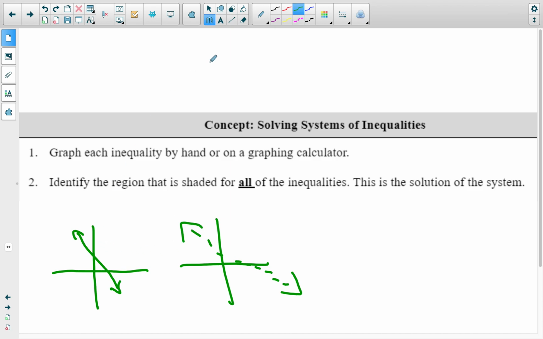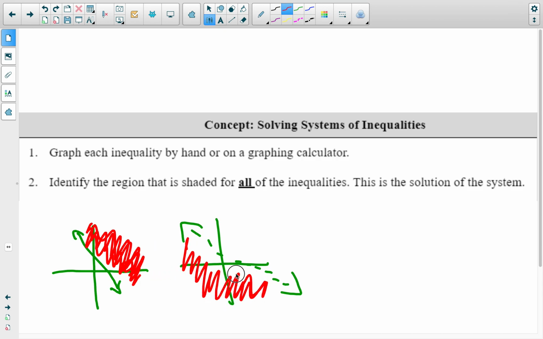And then you also have to deal with shading. If something is shaded above, it means that all of these ordered pairs satisfy the inequality. If an inequality is shaded below, then all the ordered pairs below the line satisfy the inequality.